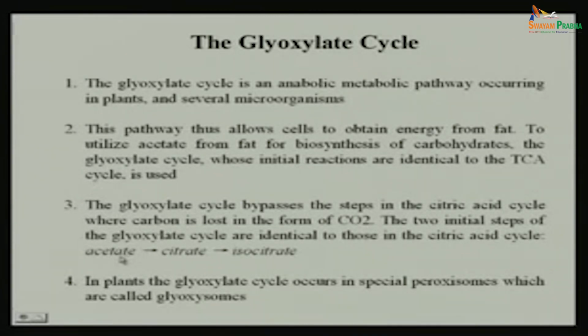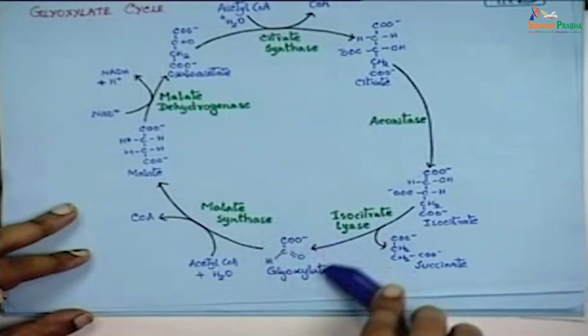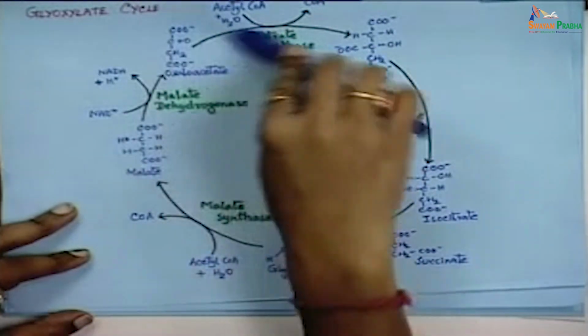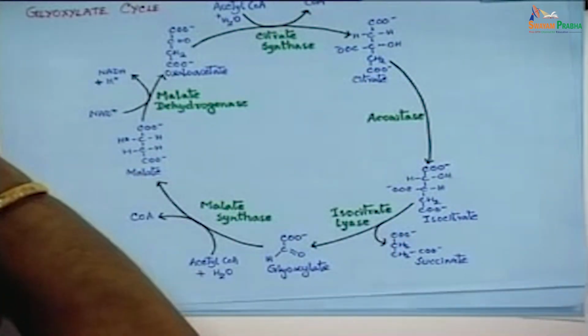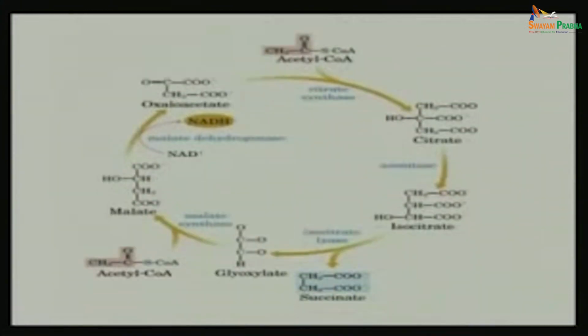So here we can find that acetate is converted to citrate, citrate to isocitrate, and then other reactions form succinate and glyoxylate, which enters the cycle once again. This glyoxylate cycle in plants takes place in the glyoxysome of the cell.